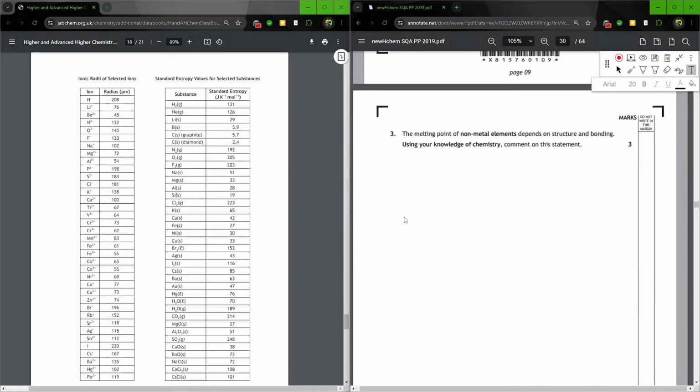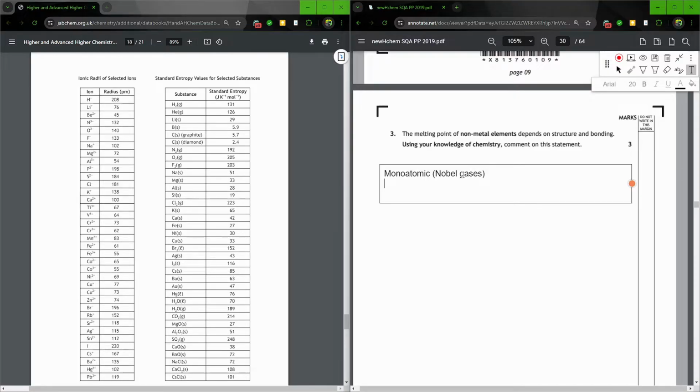The melting point of non-metal elements depends on structure and bonding. Using your knowledge of chemistry, comment on this statement. Okay, so I guess we should lay this out into groups. There's going to be one big text box. But let's think about some ways that non-metal elements bond. So we've got monoatomic, and that's basically for noble gases. Right, so yeah, we're going to make a list of all the different things. So we've got monoatomic, so these are noble gases.